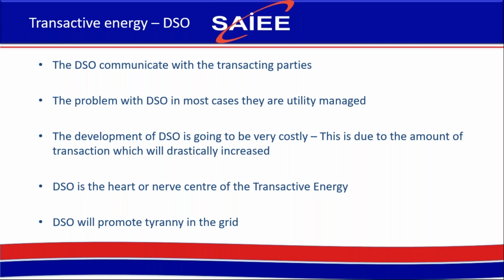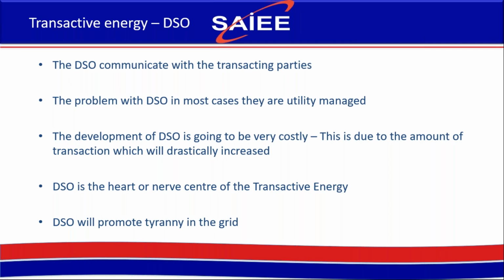Unlike the system operator now, they've got very few zones that they distribute their power to. But if you want a DSO that is going to be dealing with all the households in the country, that system is going to be big.